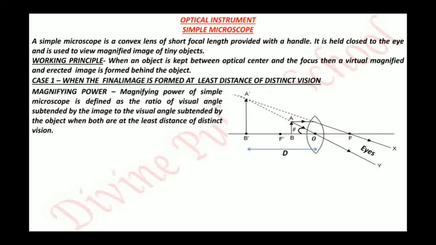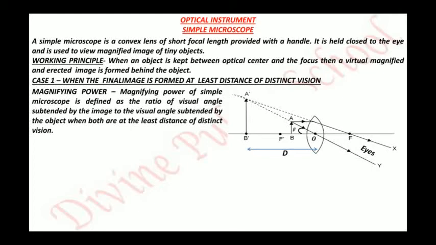The magnifying power of a simple microscope is defined as the ratio of the visual angle subtended by the image to the visual angle subtended by the object when both are at the least distance of distinct vision. As you can see in the ray diagram, the image is at the least distance of distinct vision, and it is making a visual angle, beta.